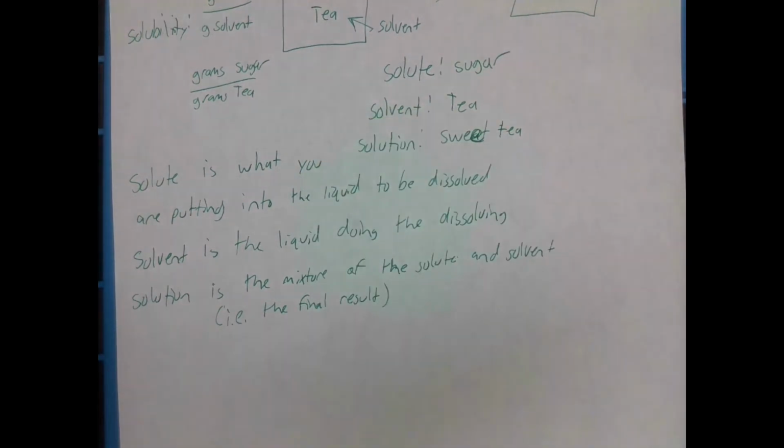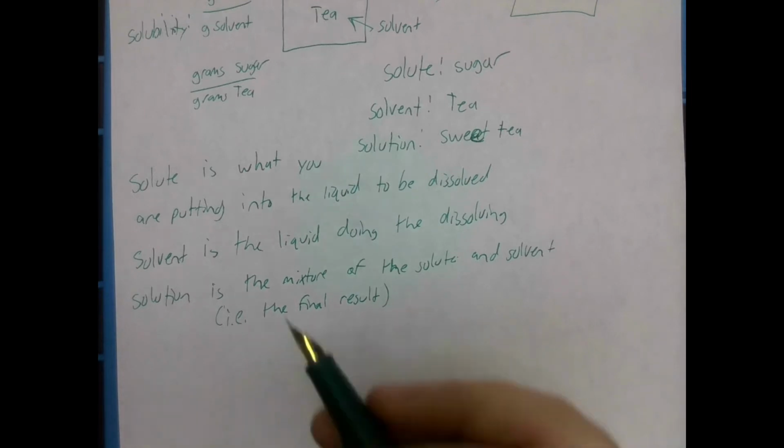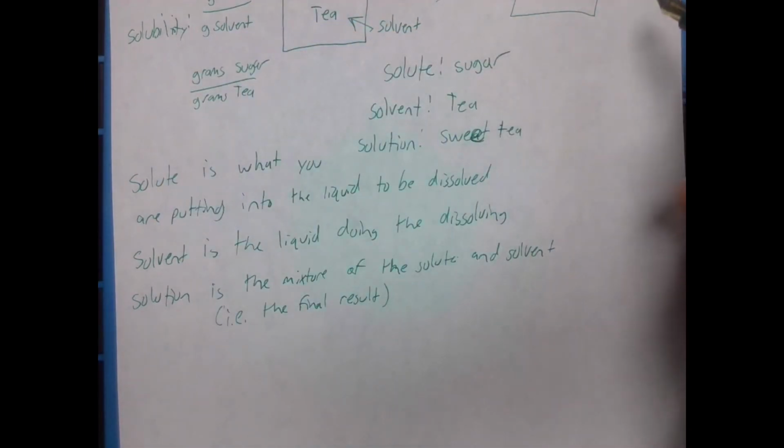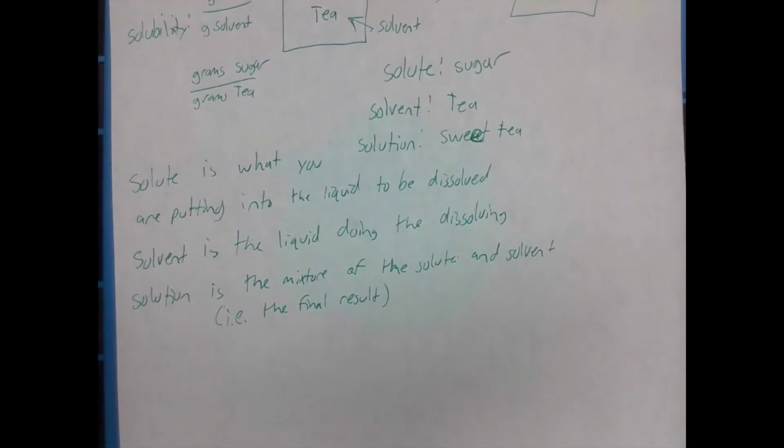Usually our solvent is always water. So it's a ratio of what you're putting into it and whatever it is that's doing the dissolving. Note, it is not grams sugar per gram sweet tea. It's not per solution, it's per solvent.